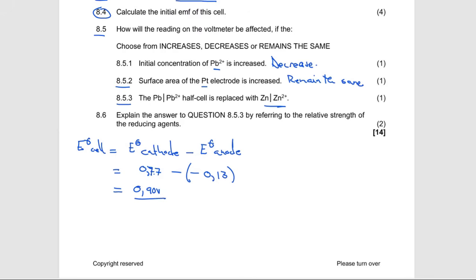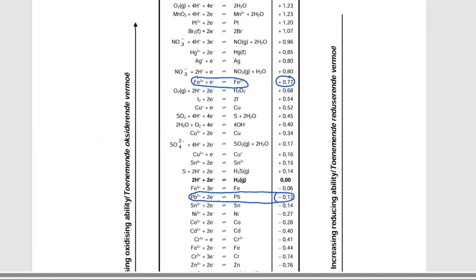Then explain the answer to question 8.5.3 by referring to the relative strength of the reducing agents, right? So to explain this one, I'm going to say zinc and what is stronger? Okay, 8.6. So we're replacing it with zinc, so I'm going to have zinc and Pb there, right? So let's look at our zinc.